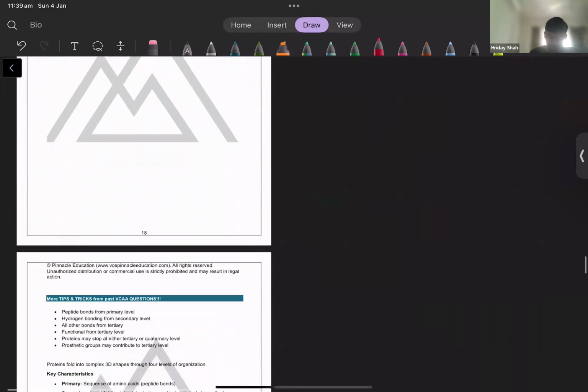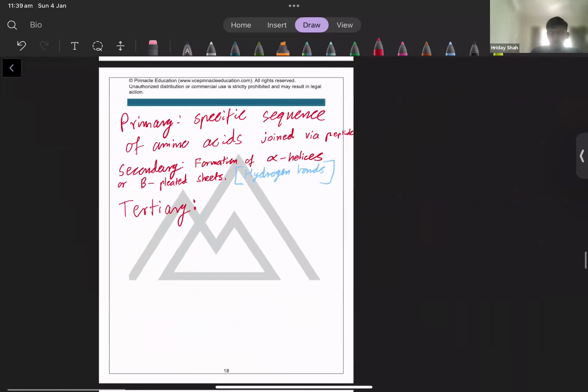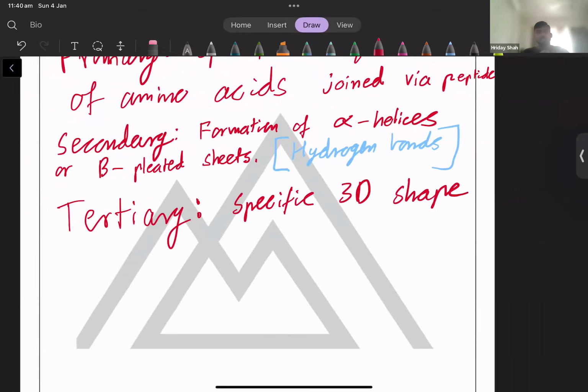Then at the tertiary level, our protein is going to acquire its specific 3D shape. Now, for proteins, right, the shape is highly interlinked into its functionality.